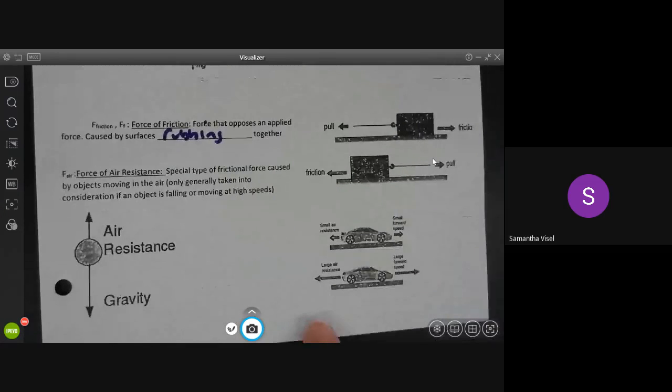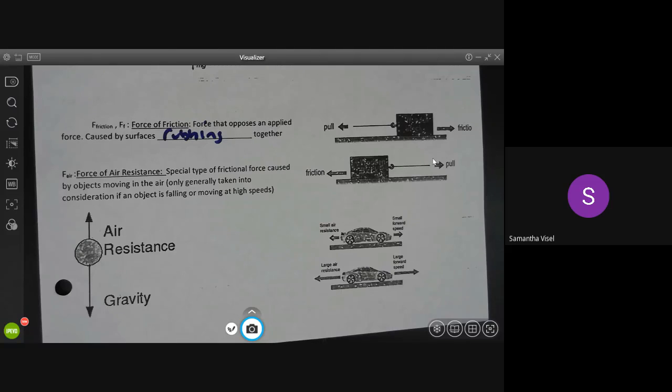Now, the last common force that's found in a lot of free body diagrams that is not found in our practice problem here is the force of air resistance. So this is a special type of frictional force. And as you know, as things are falling through the air due to gravity, while in our projectile unit we assume there's no air resistance, in real life there is air.